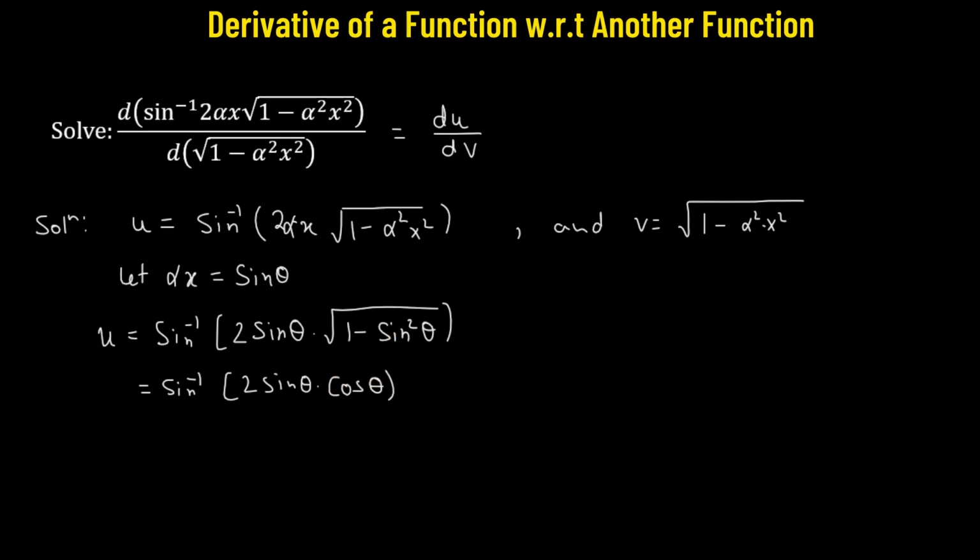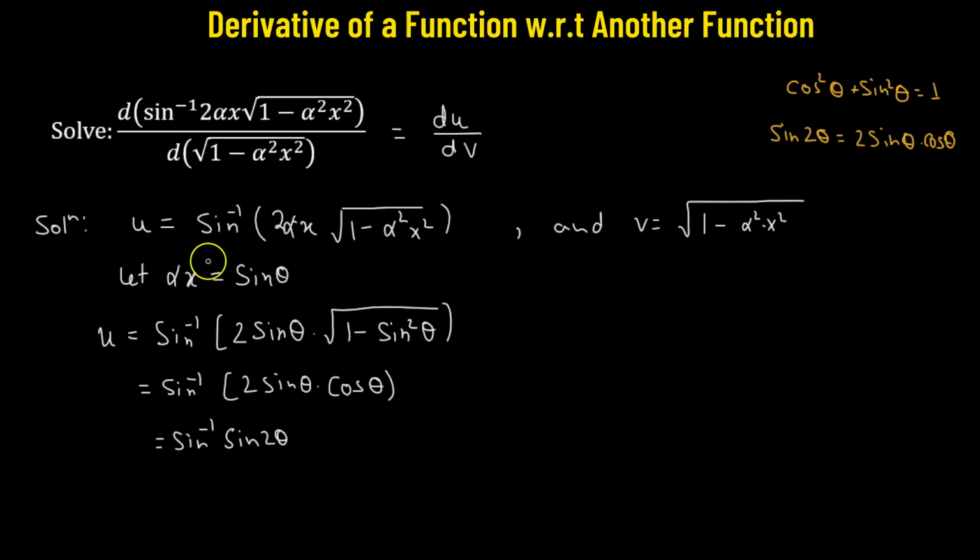Here we have made use of the identity that cosine squared theta plus sine squared theta equals 1, which will give us sine inverse of 2 times sine theta times cosine theta. This is also another identity, which is sine 2 theta. So let me note that down here as well: sine of 2 theta is given by 2 times sine theta times cosine of theta.